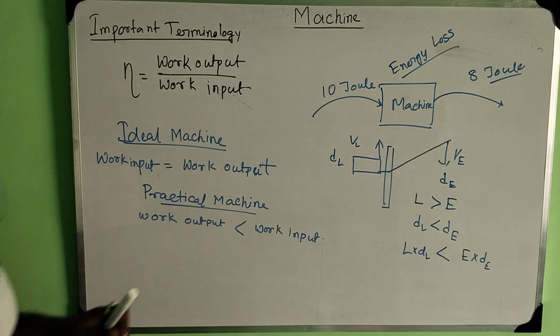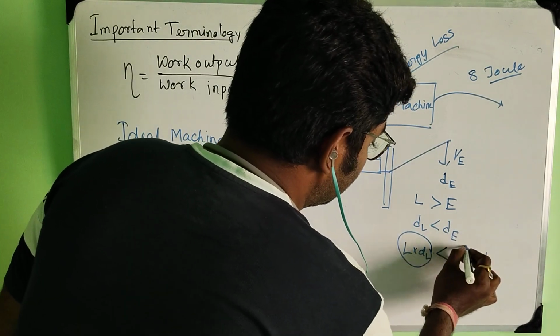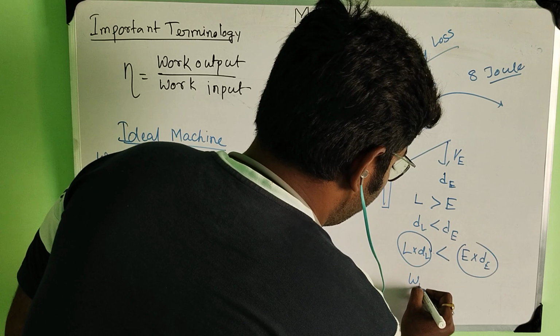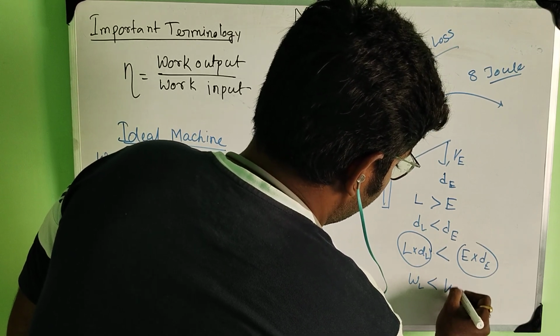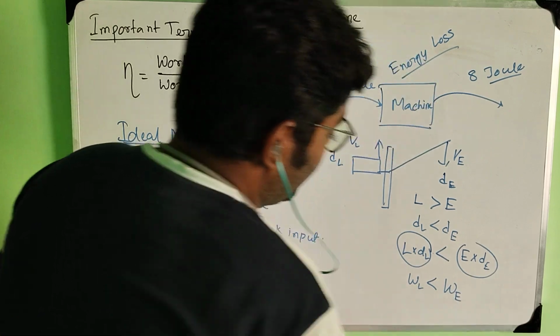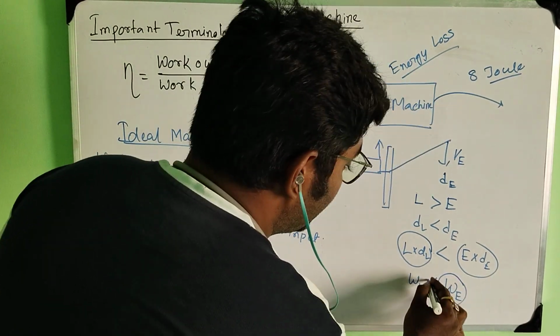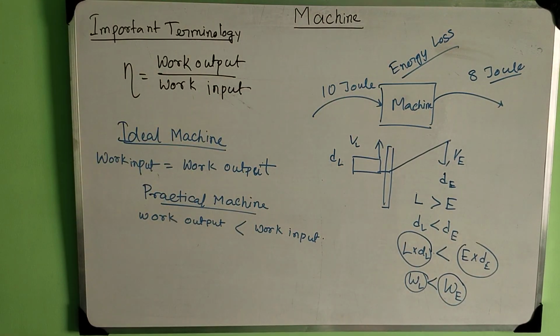That means work done on the load is always less than work done by the effort. This is the work input and this is the work output. So in machines which act as force multipliers also, the efficiency is always less than 1.